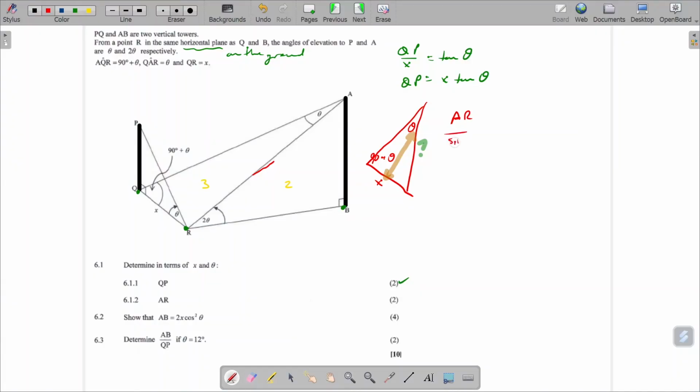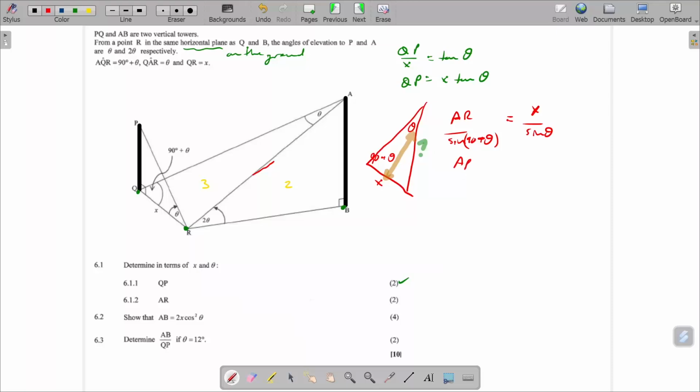So we know that we need to use the sine rule. Therefore, AR over sine of 90 plus theta equals x over sine of theta. Sine of 90 plus theta is equal to cos of theta.